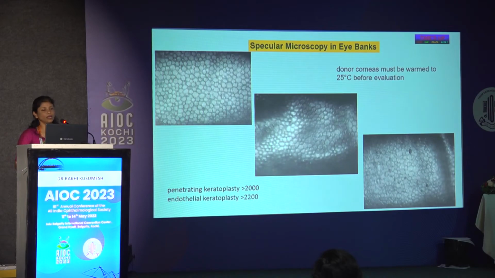A very important indication of specular microscopy is in eye banks. So here, if you get a clear, good picture, that means the donor cornea has a very good number of endothelial cells. But usually what we get in the eye bank setting are islands of endothelial cells, and we count those islands basically, and then the machine gives the number, and it can show many pigments and stress lines, and we decide on PK or DSEK or DMEK on the basis of endothelial count.